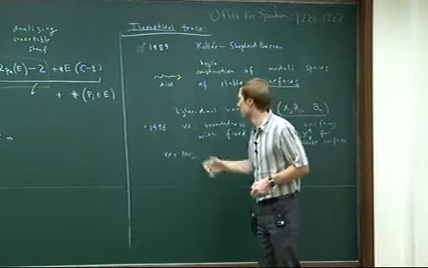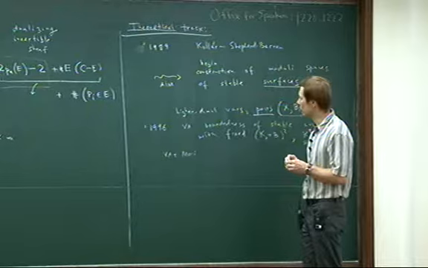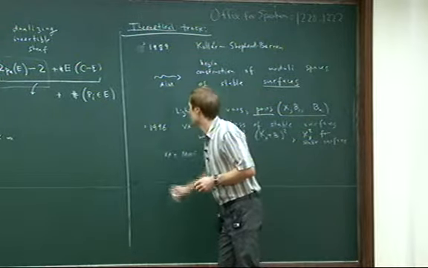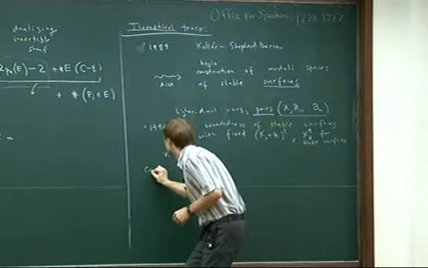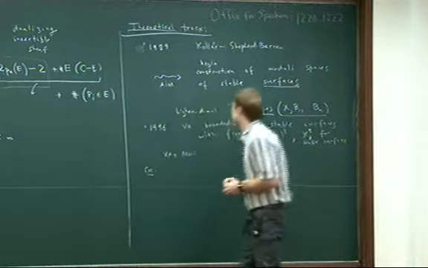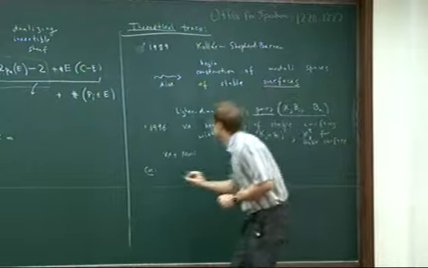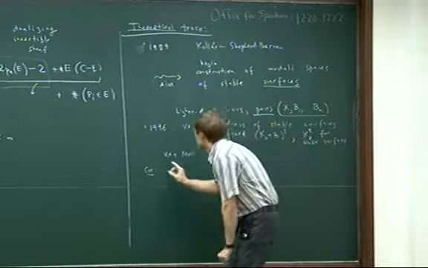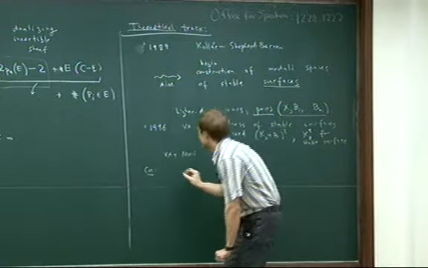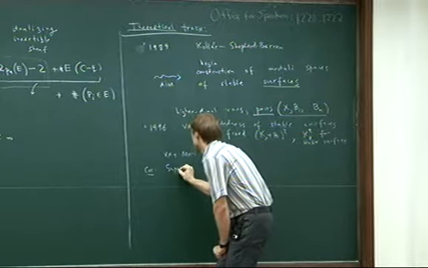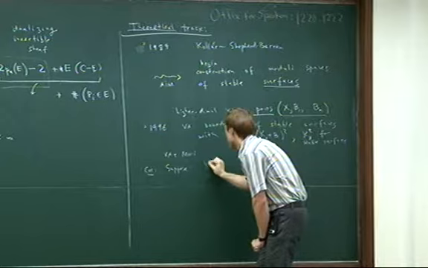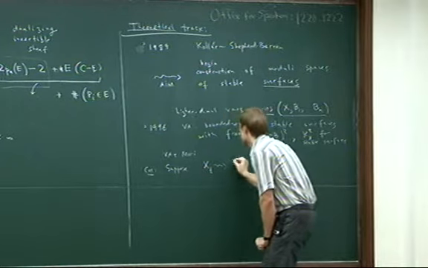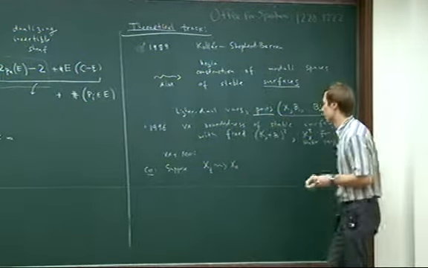Let me just give you one, just to illustrate. So one corollary of this theorem is this. Suppose you have a degenerating family, X_t to X_0.